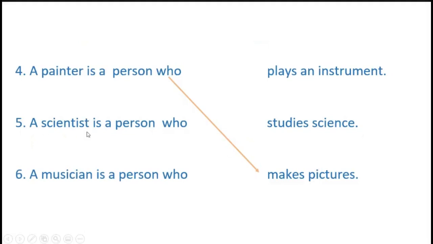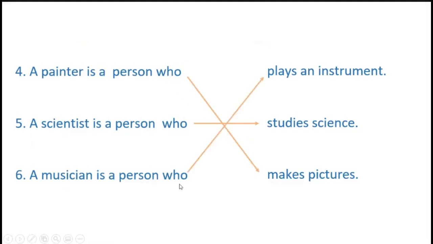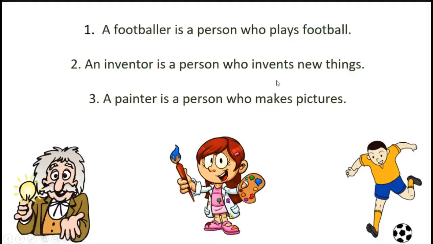A scientist is a person who plays an instrument or studies science. Yes, that is the right answer. Studies science. A musician is a person who plays an instrument. Good job, everyone. Now let's look at these sentences and match the sentences with the pictures.